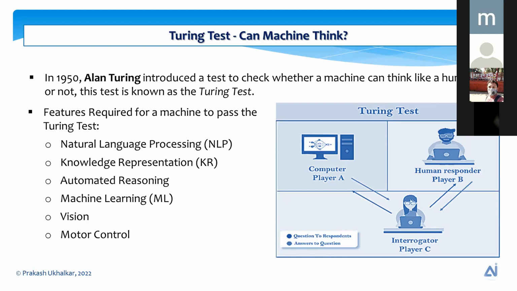So the test result does not depend on the correct answer, but only on how closely the responses resemble human answers. The way a human reacts to a certain situation or question, can a machine do like that, right? The computer is also permitted to perform every possible action, given the interrogator's identification and his or her questions.